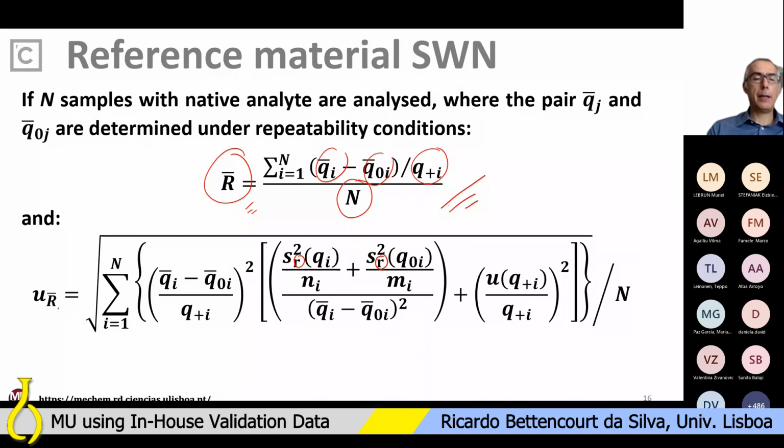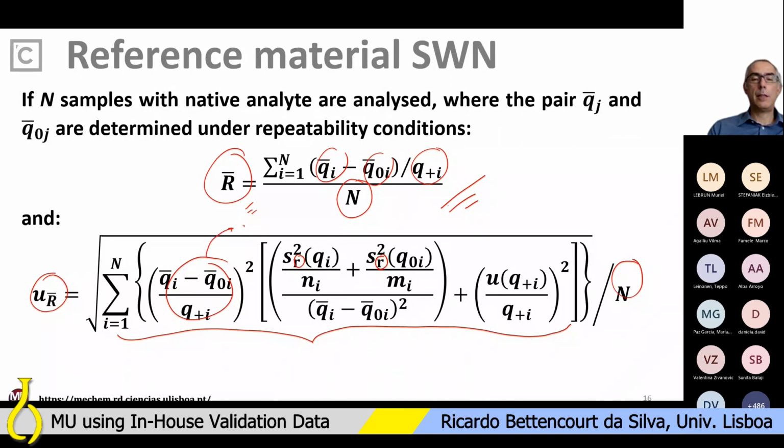And typically what we have here is the standard uncertainty for the mean recovery will be the square root of the sum of all these terms. The n is outside again, following correctly the propagation law. This is for each spiked sample analysis.